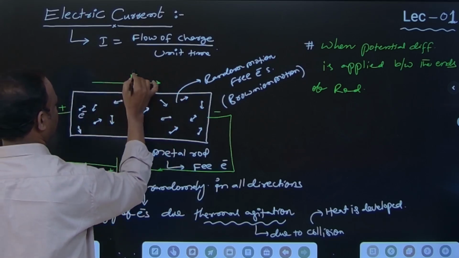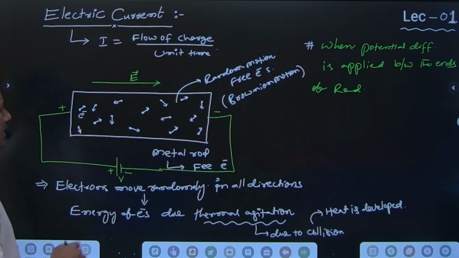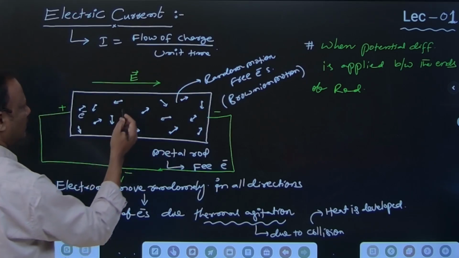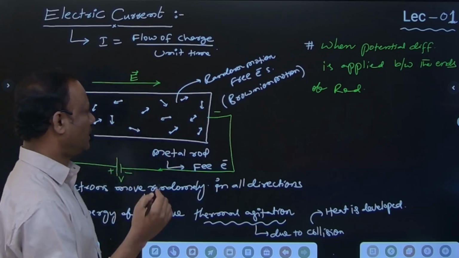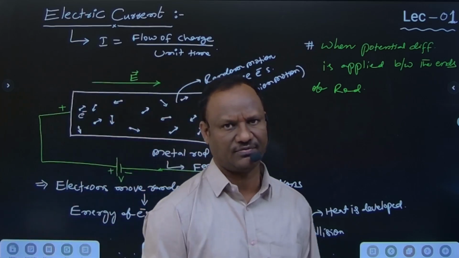When the electric field is created, the electrons move opposite to the direction of the electric field.